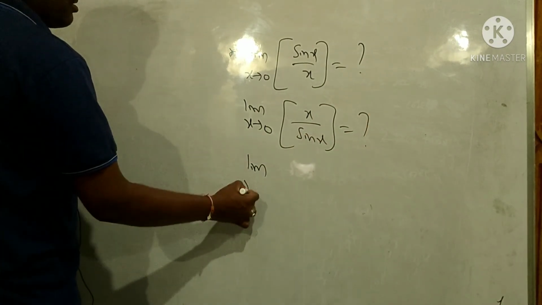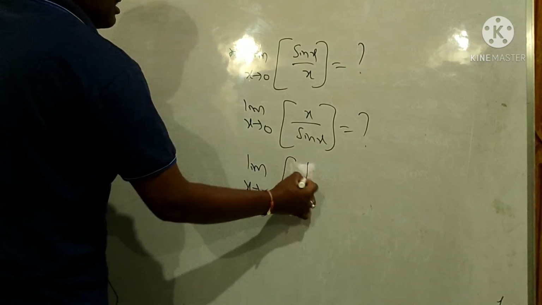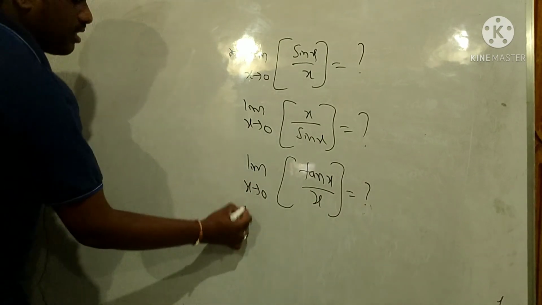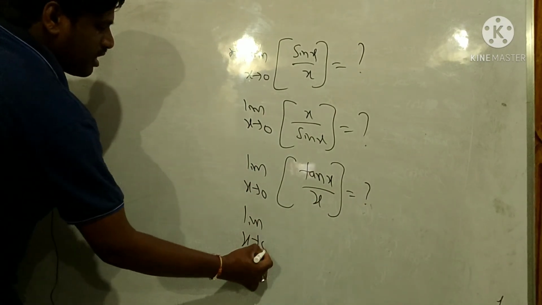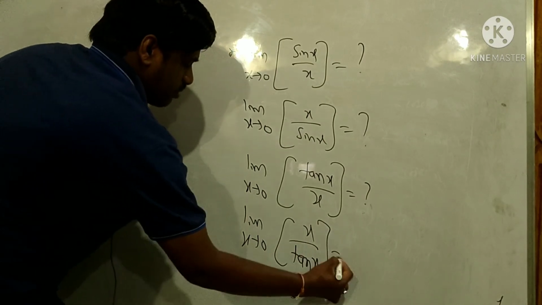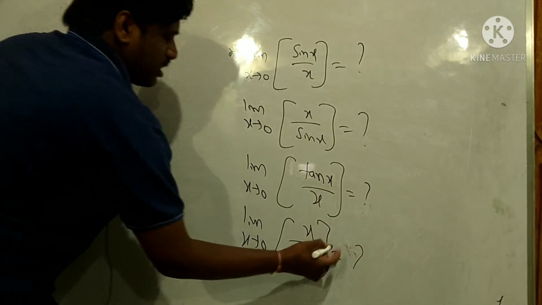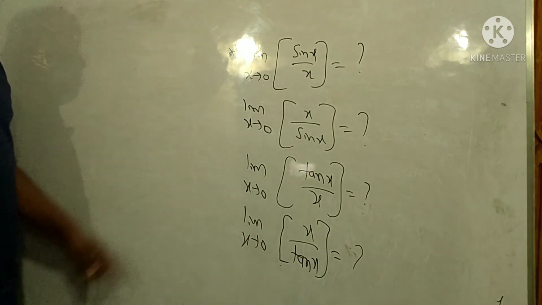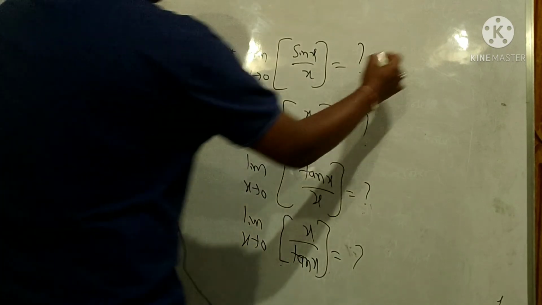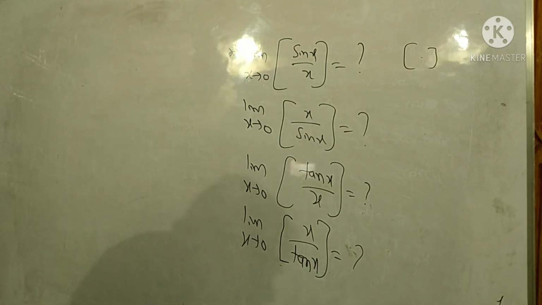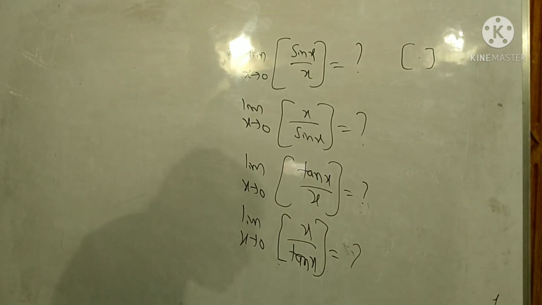Limit x tending to 0, greatest integer of tan x by x is equal to how much? And limit x tending to 0, greatest integer of x by tan x is equal to how much? So here the question mark is the greatest integer. This is the greatest integer function, acting here as the greatest integer function, not as a box.